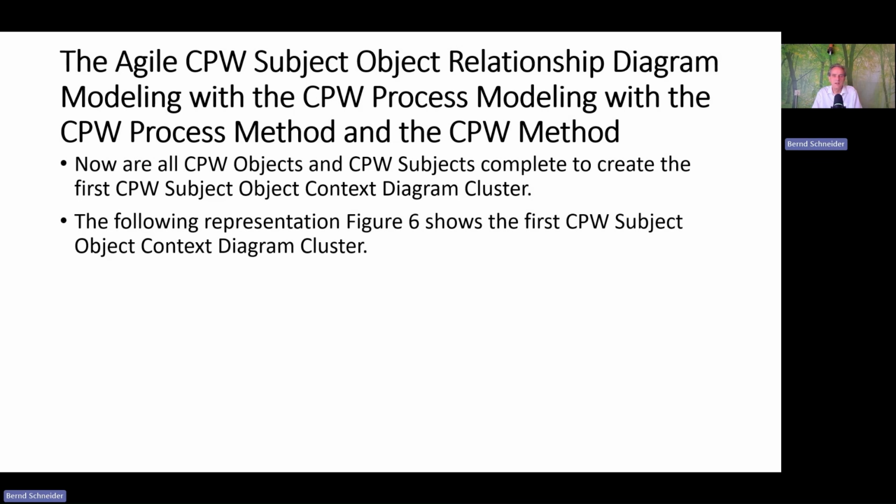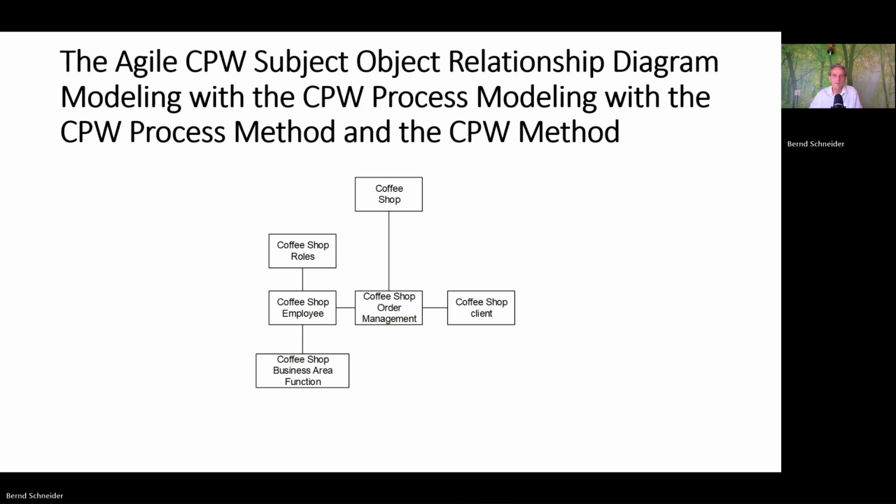The following representation, figure 6, shows the first CPW subject object context diagram cluster. We see here in the middle the overall end-to-end process, which is represented with the CPW object coffee shop order management. And it has the relationship overall to the coffee shop.